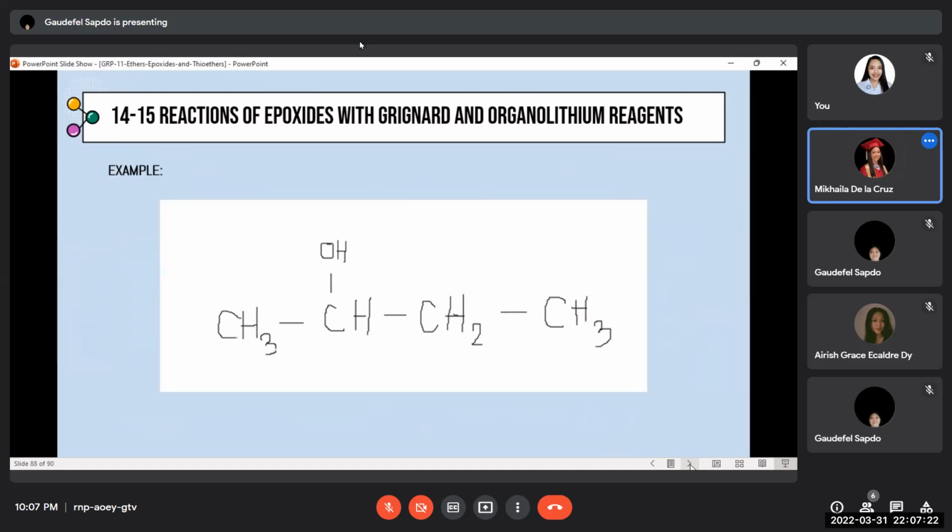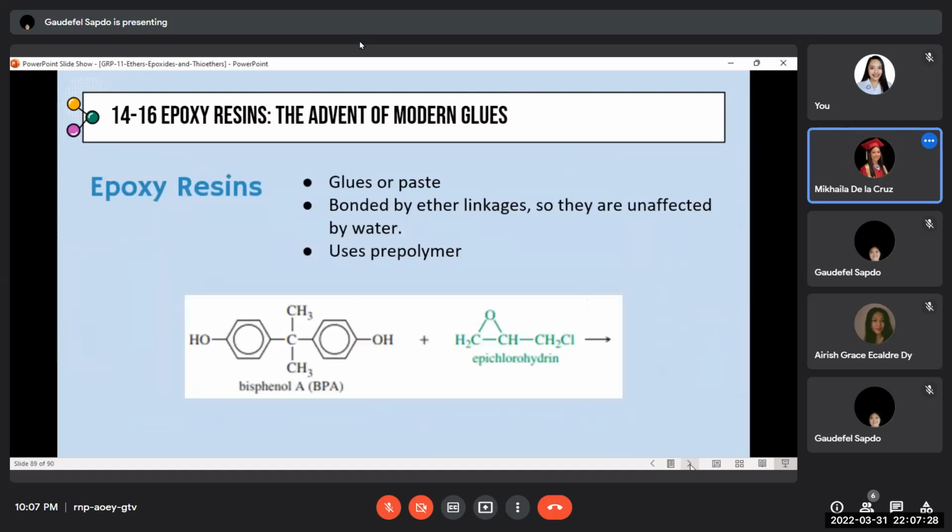So, the last topic will be epoxy resins. Next slide, please. Epoxy resin simply means unglue or unpaste, what we use nowadays for sticking things together. But to elaborate more about epoxies, they are bonded by ether linkages, so they are unaffected by water.